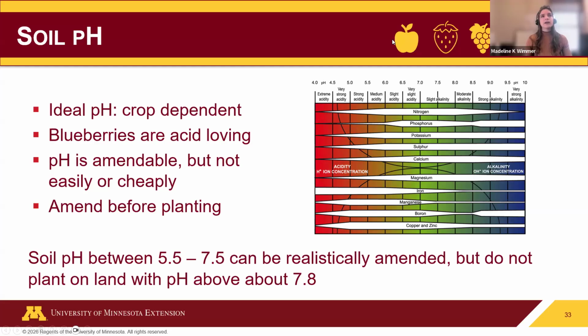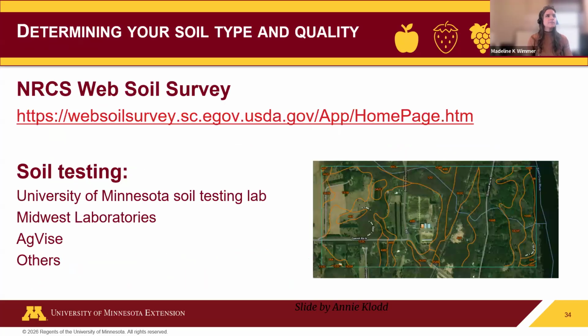We can see this graph here where you can see different ranges where certain nutrients are taken up. And where is the point where you can realistically amend your soil pH? If you're above 7.8, that's the cutoff where it's going to be really difficult to bring the pH down to a good range. And at that point, you might be seeing things like iron deficiency.